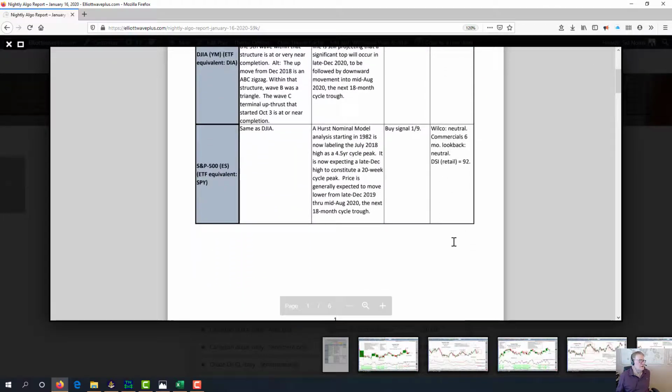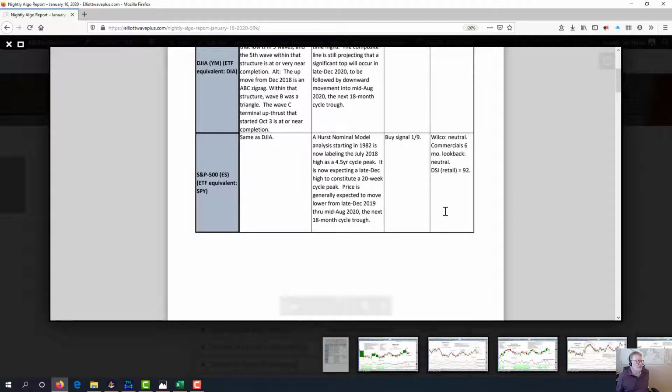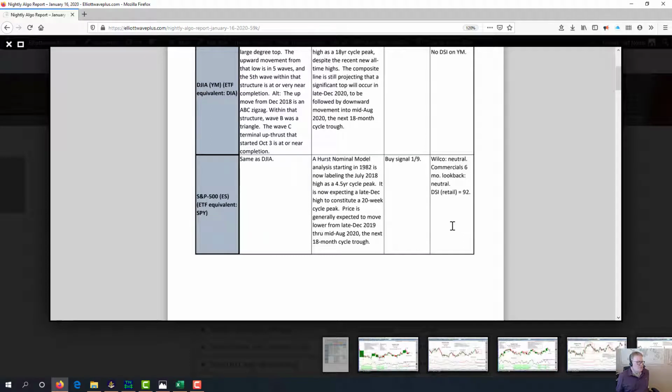For instance, on this particular day, the 16th of January 2020, the DSI, that is the percentage of retail traders that are bullish, was a very high 92 reading. Market has been going up in a thrust out of a triangle.